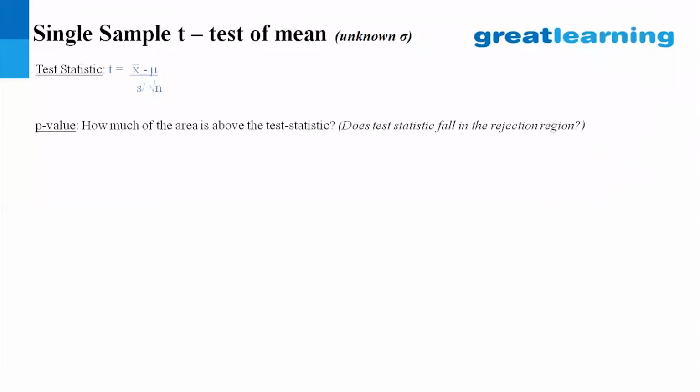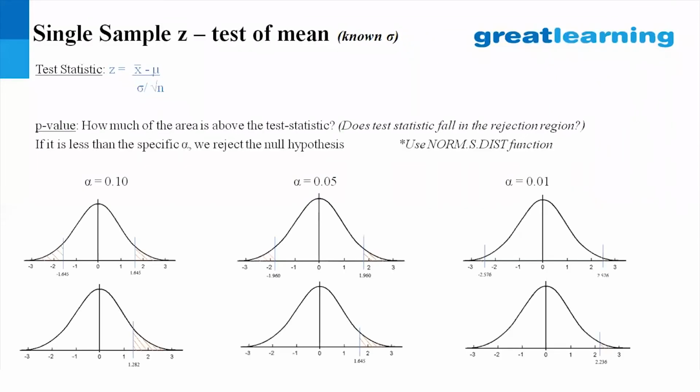P-value will tell you whether or not your test statistic falls in the rejection region. If your p-value is significantly lesser than alpha, in that case you reject the null hypothesis. If it is not less than alpha, then you fail to reject the null hypothesis. So with the z-test, you were using the NORM.S.DIST function in Excel to calculate the p-value.